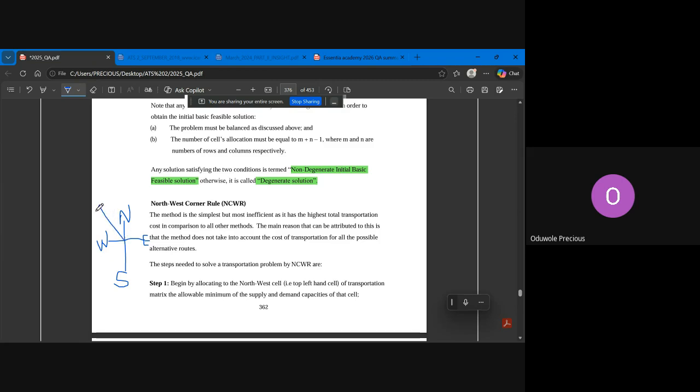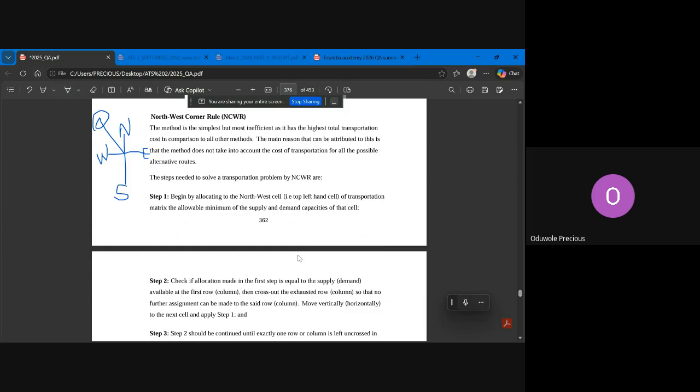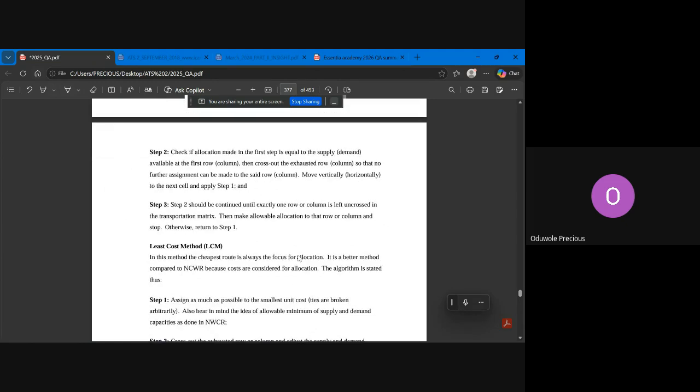When we say we are doing the northwest corner, that means we are going to start from this angle, the upper left-hand cell. We'll start allocating to each cell, trying to meet all the demands. That's just the basic thing we want to do. Once a cell is exhausted, we keep moving till we exhaust everything.